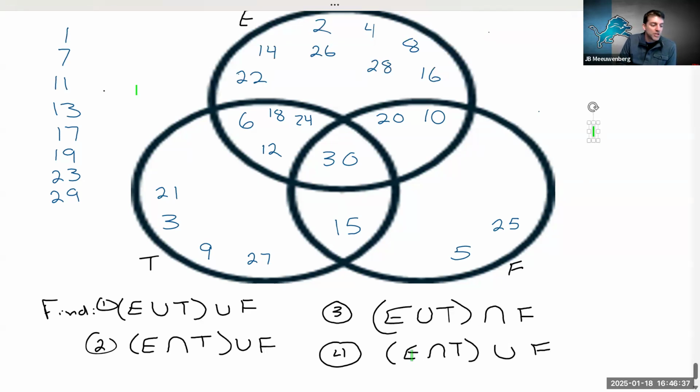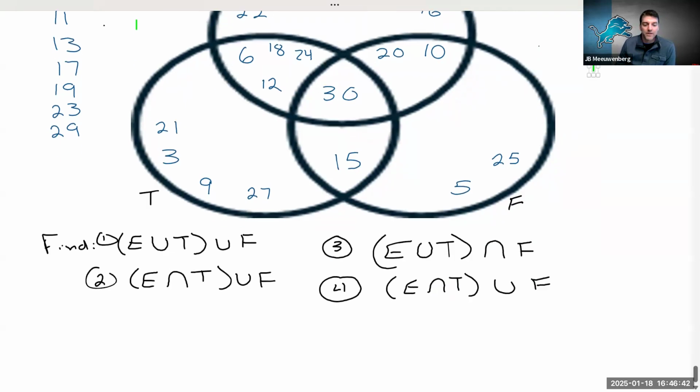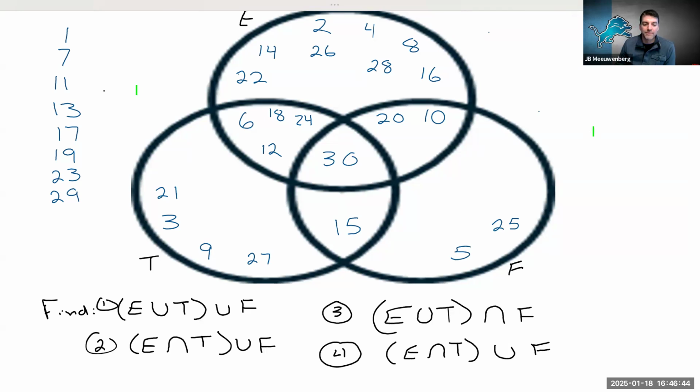All right. So where's the intersection point between E? I'm sorry, I read the wrong one. E union T intersect F, right here. The union, we did this one before, right? E union T is all this stuff.